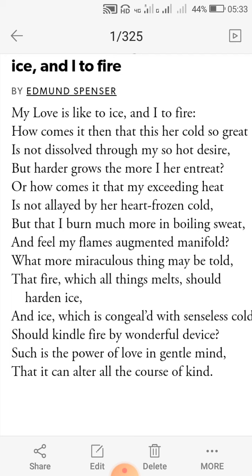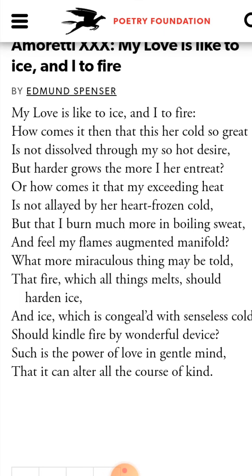The sonnet has been written to persuade the wife of the poet, namely Elizabeth Boyle.